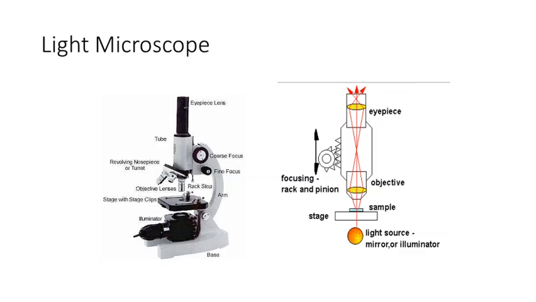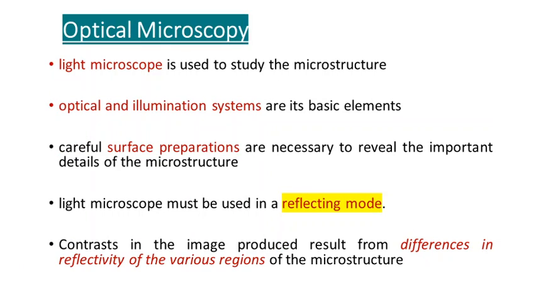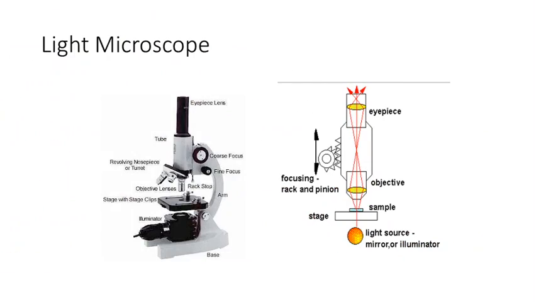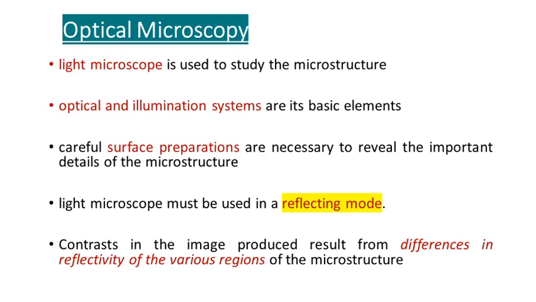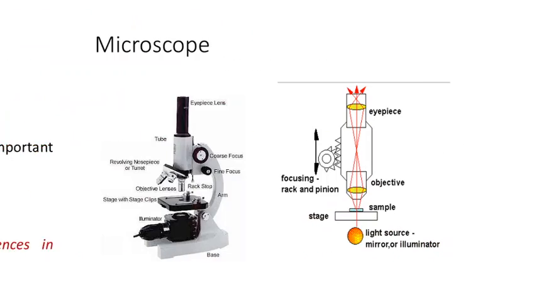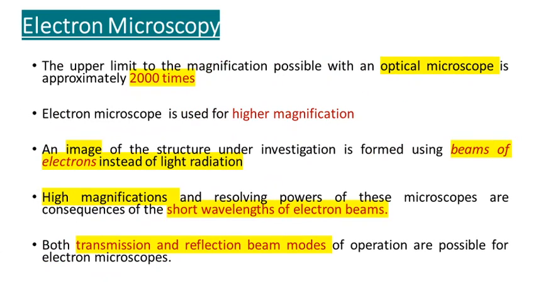We can vary this focusing arrangement so that we can move our lens a particular distance. The basic characteristic of the optical microscope is the light source; the light beam is used in the reflecting mode. Depending upon the type of reflectivity from the surface we are observing, we can analyze the microstructure of the specimen.